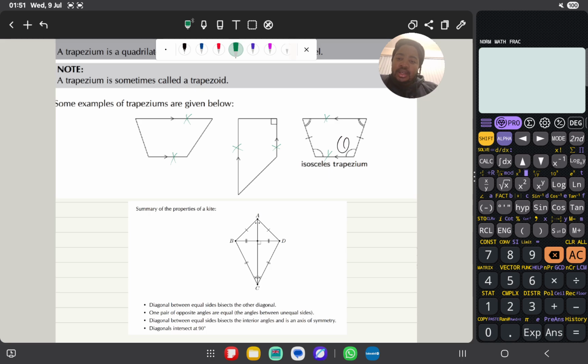It shows it much more perfectly, in the sense that you could have a pair of angles being equal, no angles being equal, or a 90-degree angle. It doesn't really matter about the angles, so long as you see a quadrilateral that has only one pair of sides parallel to each other, it's a trapezium.